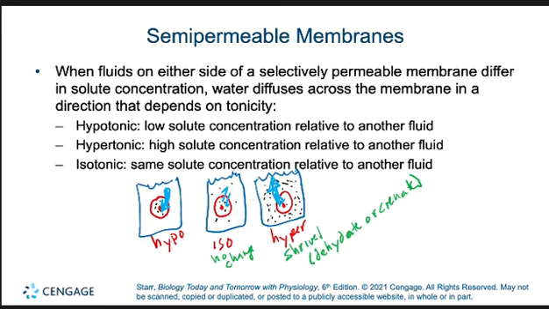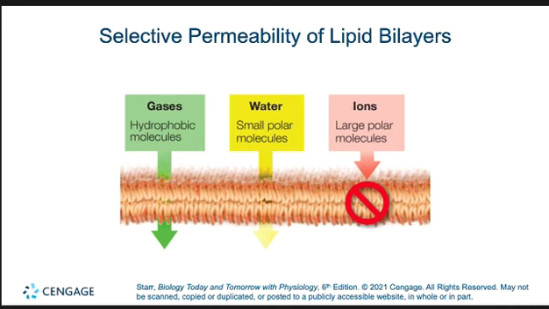And in a hypotonic solution, it's going to lyse or burst. So this is why an organism is going to try very hard to maintain an isotonic condition inside and outside the cell.